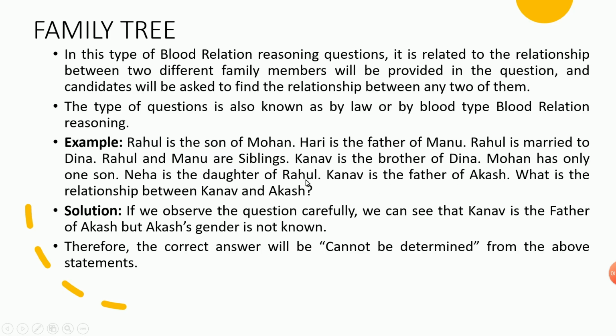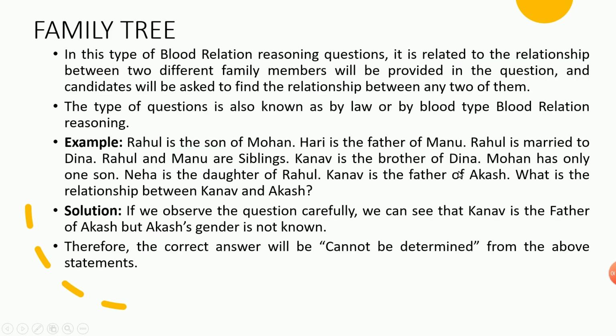But if Akash is the son, here instead of this sentence, if they had given Akash is the son of Kanav, then obviously Kanav and Akash would be father and son. But if they had given Akash is the daughter of Kanav, then that would be a father-daughter relation.